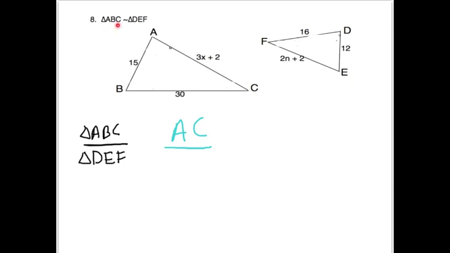So therefore AC corresponds with DF. That's our unknown ratio. And we want to set that ratio equal to a known ratio so we can use proportions. The only known ratio here is AB, which is first and second, and DE. So in order to set up my proper ratio, I'll have to set up AB on top divided by DE down below.